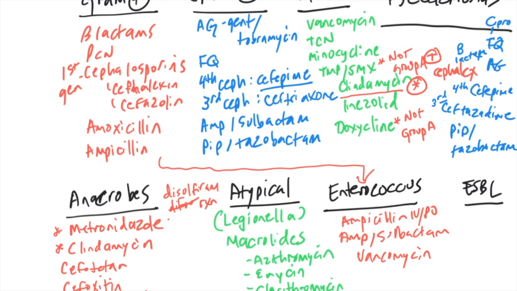That means that they are resistant generally to cephalosporins. So the main treatment for ESBL gram-negative infections are the carbapenems. So examples would be imipenem, meropenem.